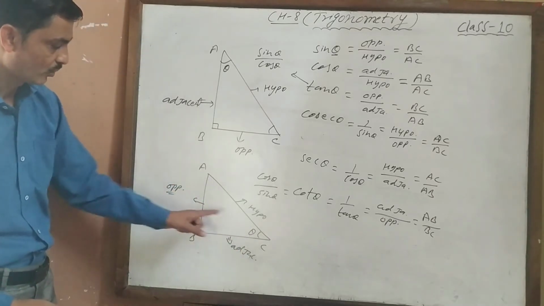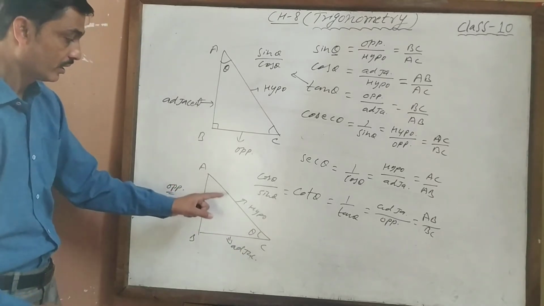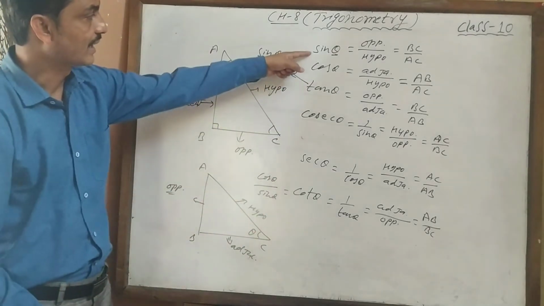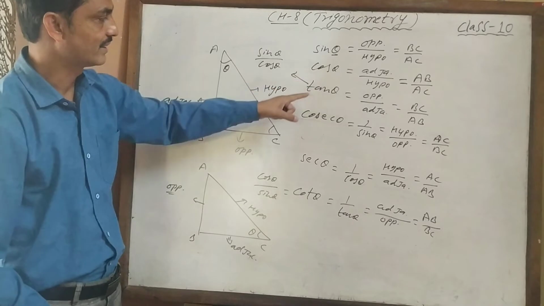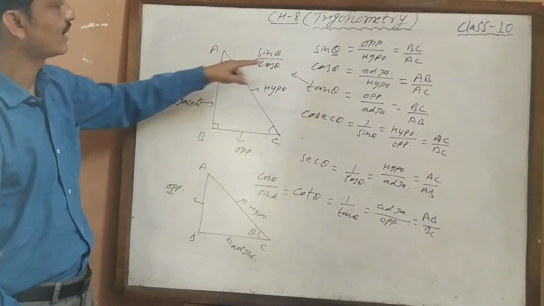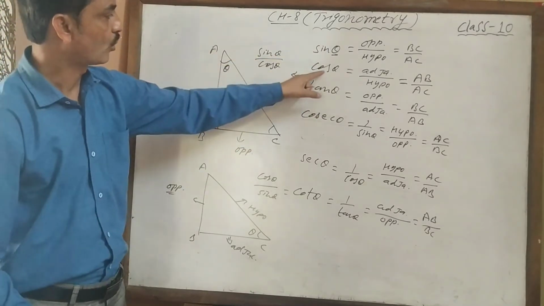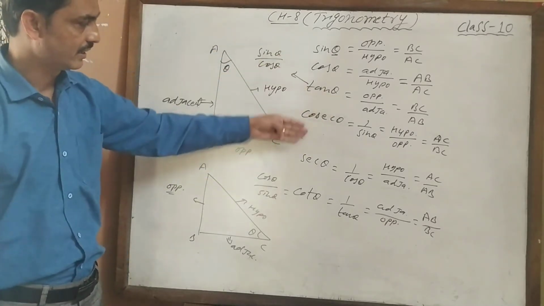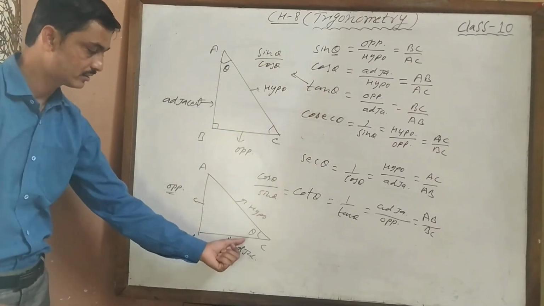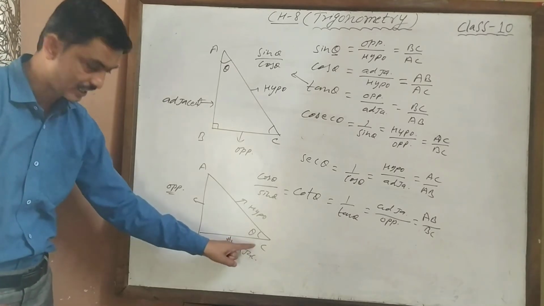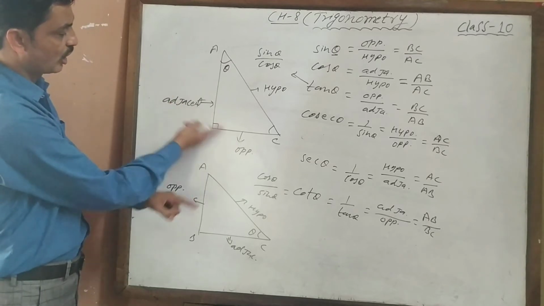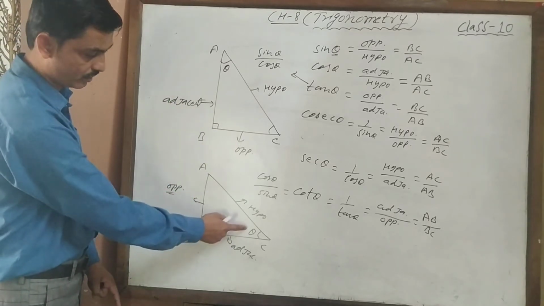For angle A we calculated sin A, cos A, tan A, cot A. Now for angle C there is a little change: we interchange the opposite and adjacent sides, right?